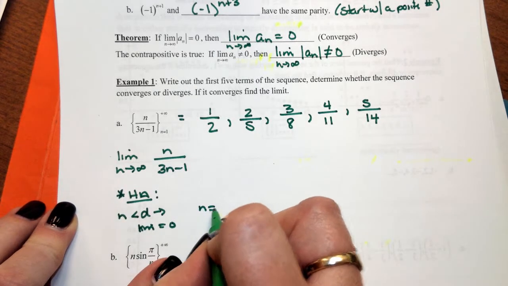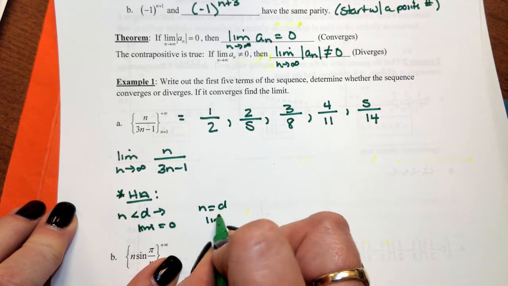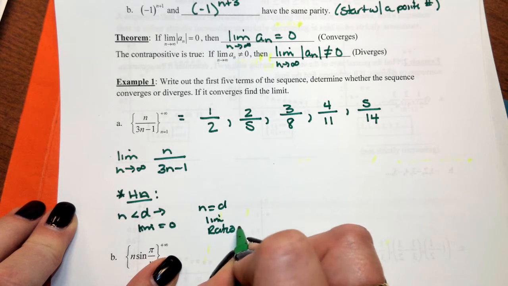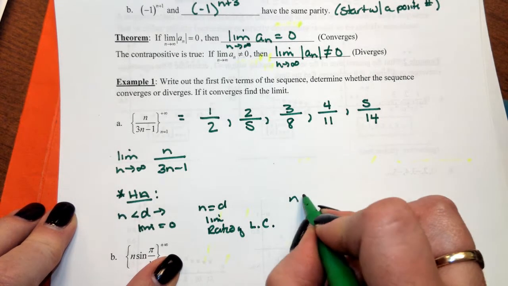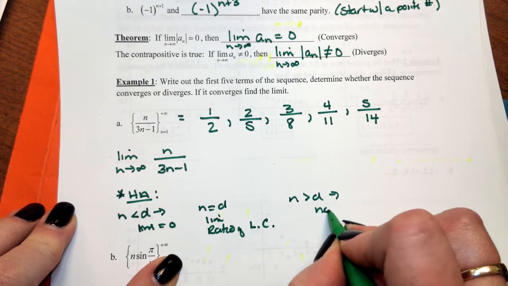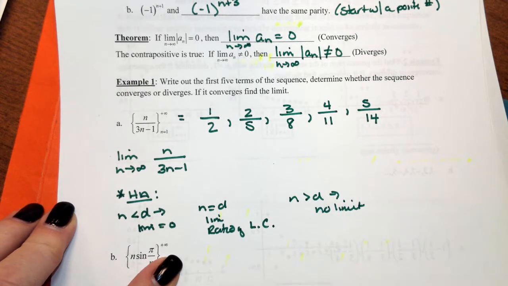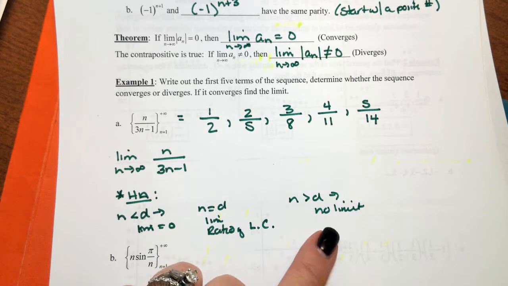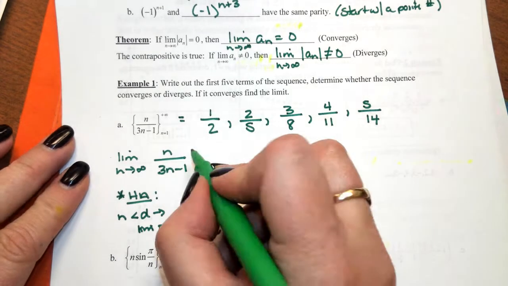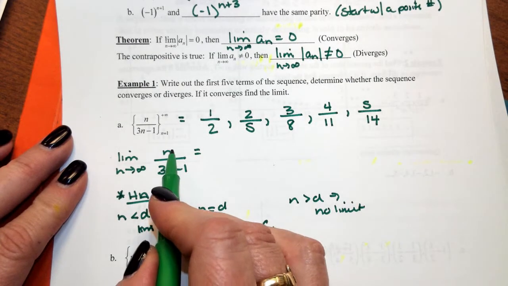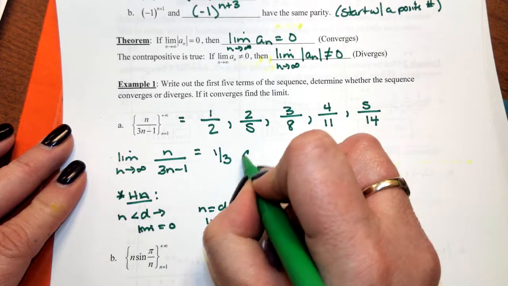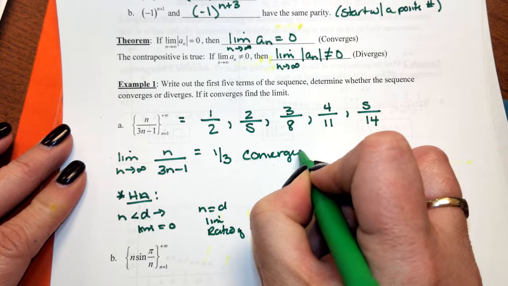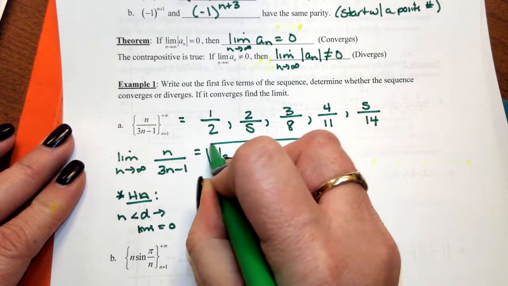If the degrees are the same, then the limit will be a ratio of the leading coefficients. If the degree on the top is larger than the bottom, there is no limit. That's where you'd have the slant asymptote. So again, if you look here, the degree of the numerator is 1 and the degree of the denominator is 1, so this limit is going to be 1/3. So we would say the sequence converges. It's converging to a value of 1/3.